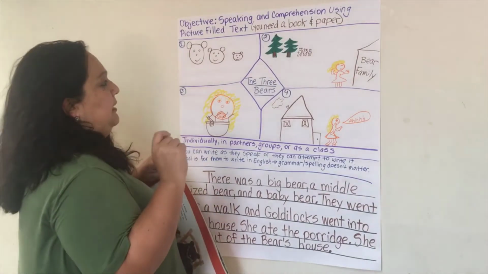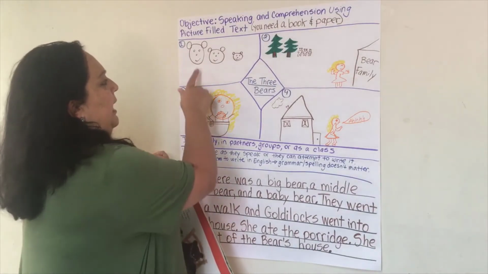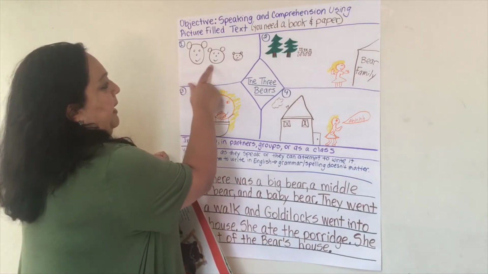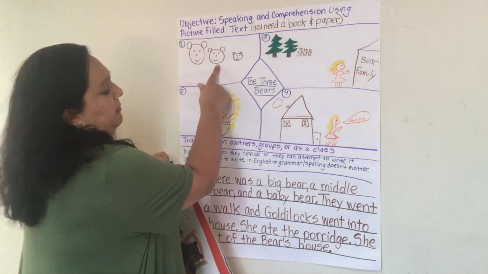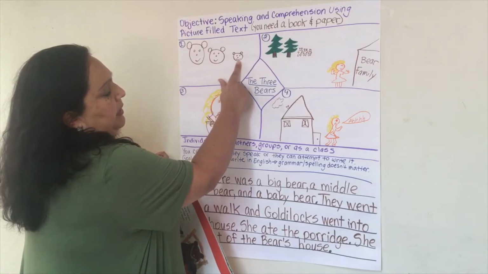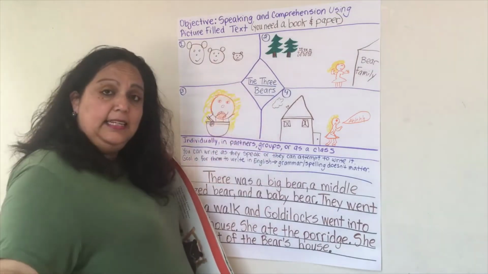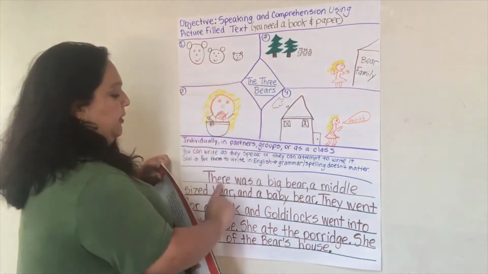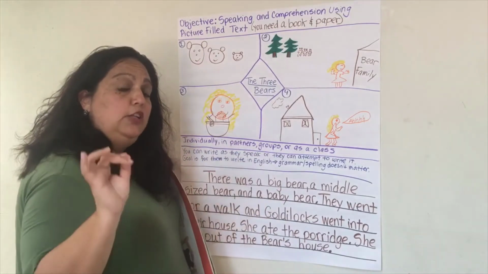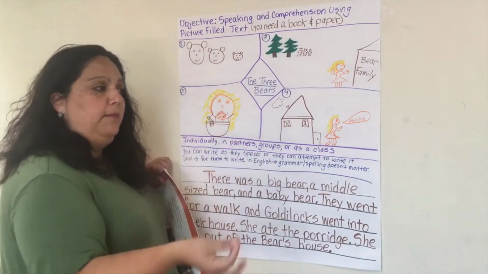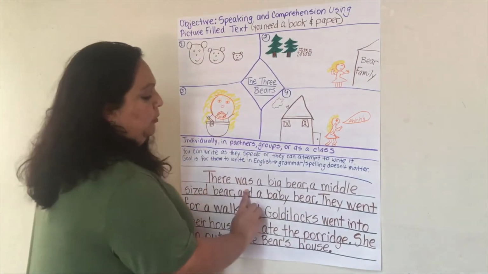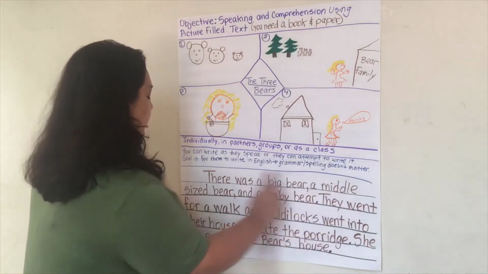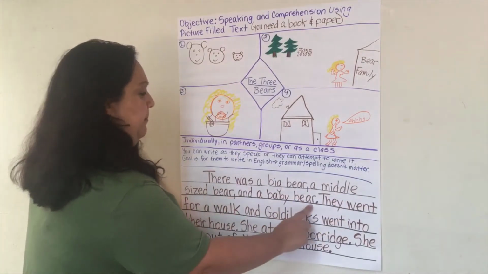So even if they're only able to say, there's a big bear, let's say they don't know the word for medium, little bear, excellent. Okay, we have a big bear, and so here in my sentence, I'm going to take that newcomer's words and I'm going to make it into a complete sentence. There was a big bear, a middle-sized bear, and a baby bear.